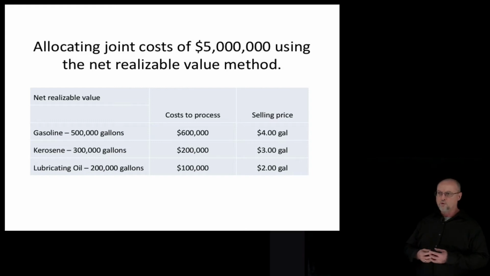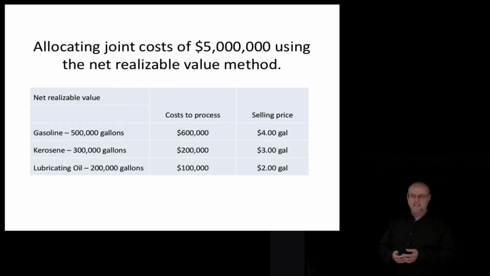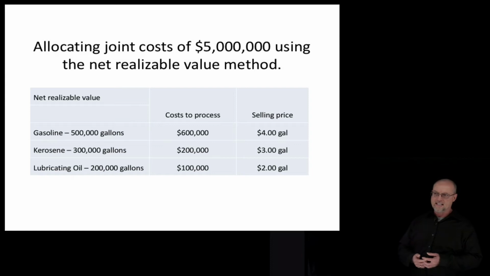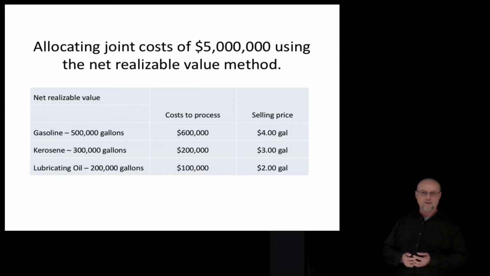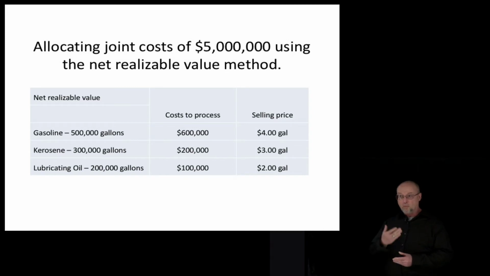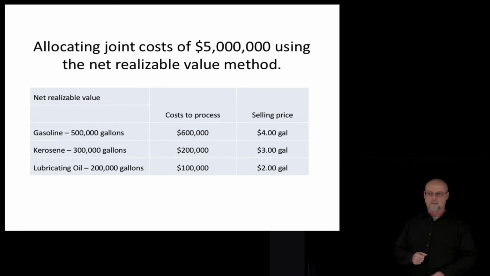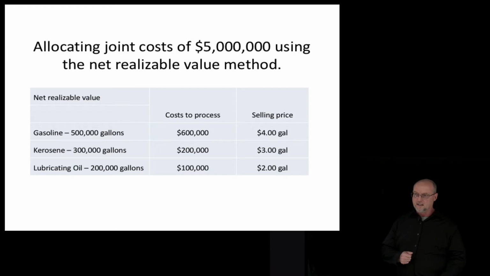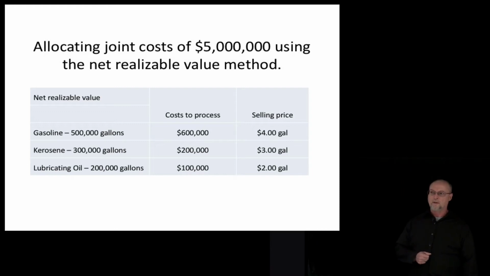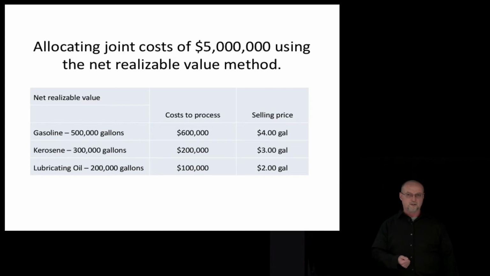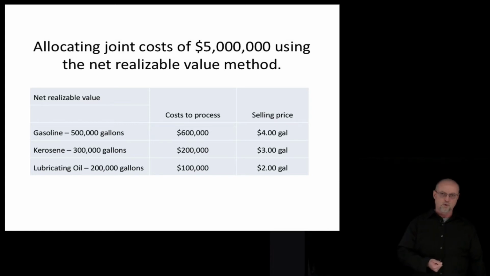Now, in order to get to gasoline, we're going to have to incur an additional $600,000 of processing or refining costs, and then we're going to be able to sell the gasoline for $4 a gallon. Kerosene, we're going to incur an additional $200,000 of costs, and we'll be able to sell it for $3 a gallon. And then lubricating oil, we'll incur $100,000 of additional costs, and we'll sell it for $2 a gallon.